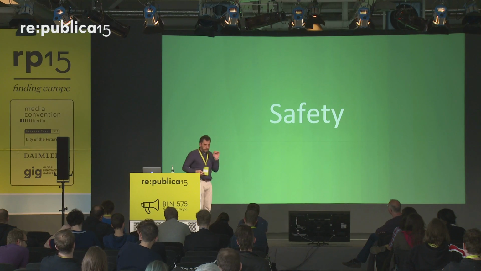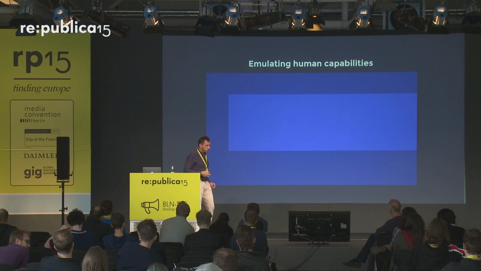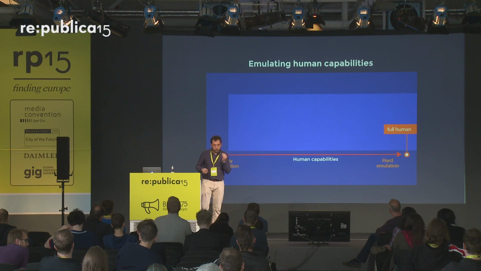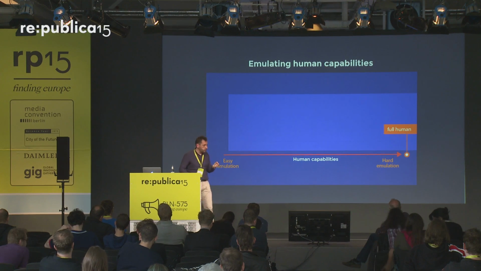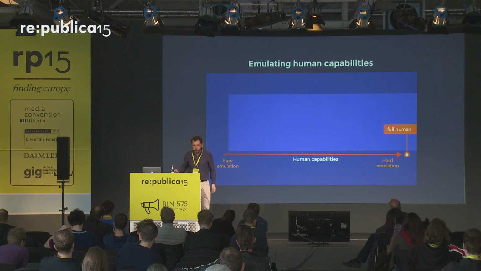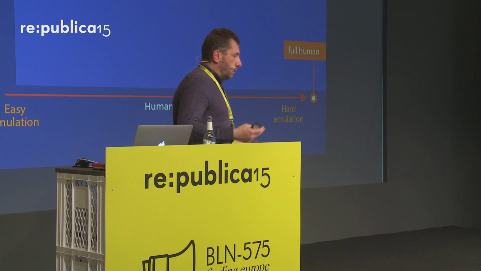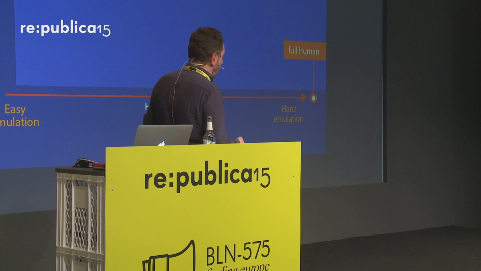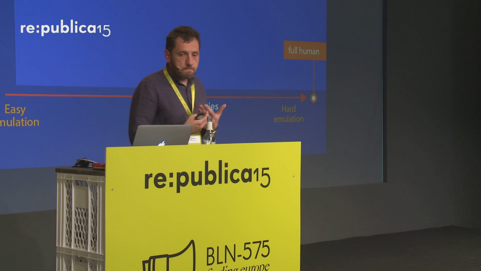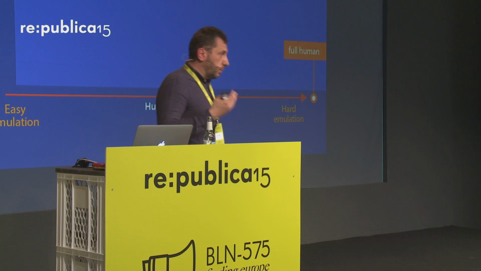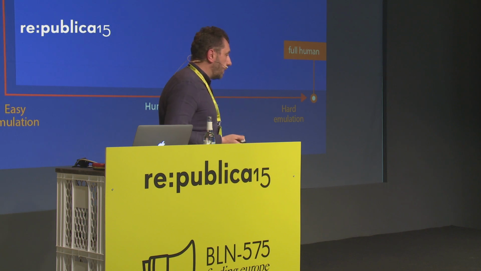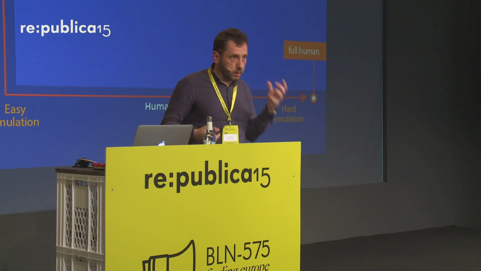To understand that, I will walk you through a little bit of the history of other inventions that we made in our past, and how all these inventions basically emulate human capabilities, and how we also get superhuman capabilities. What does it really mean?